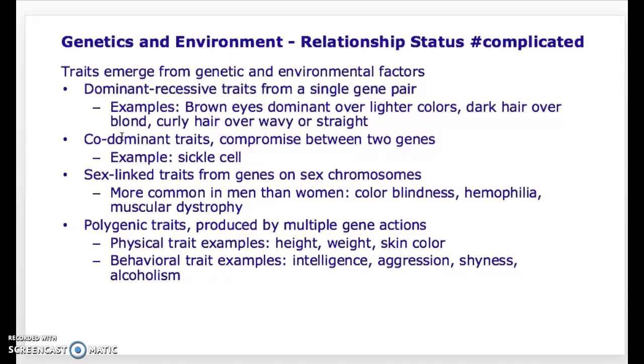Co-dominant traits are when the genetic makeup of two people is very closely aligned, and when that happens, certain genetic mutations can occur. So in African American people, people usually are tested because their children may be more susceptible to having sickle cell anemia.